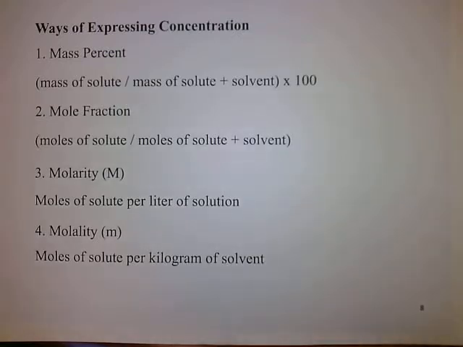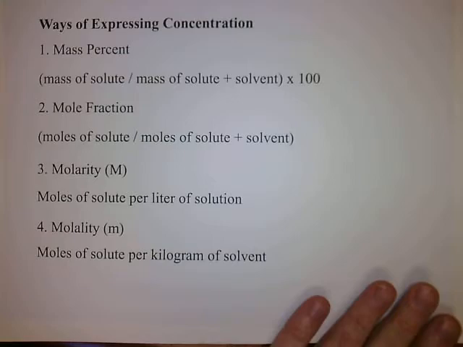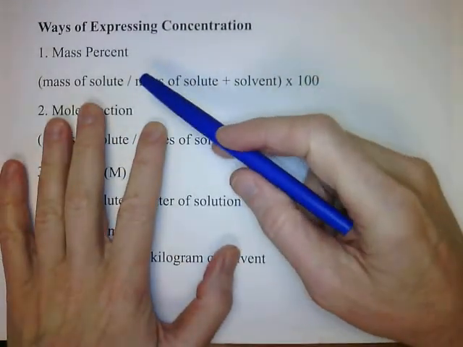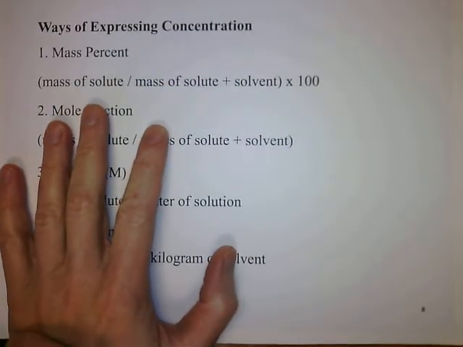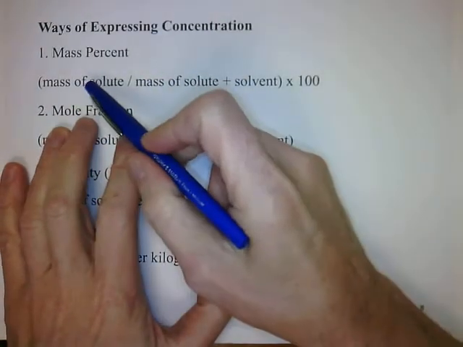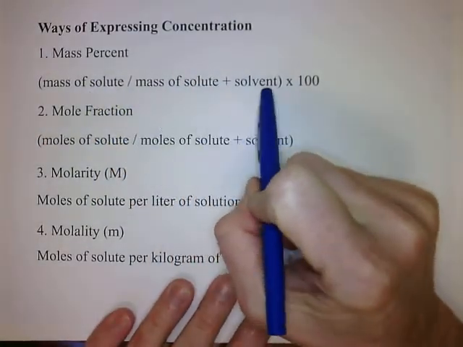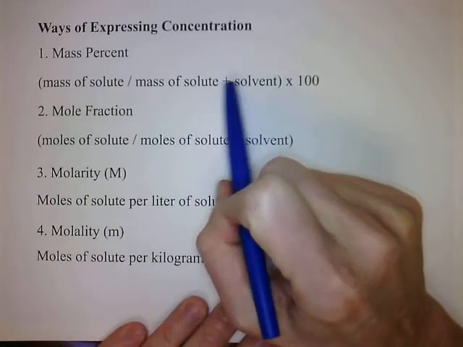All right, so the first that we're going to talk about here is mass percent. Mass percent is exactly what it sounds like. It's a percent by mass. In other words, it's the mass of solute divided by the total mass. And of course, what's the total mass?